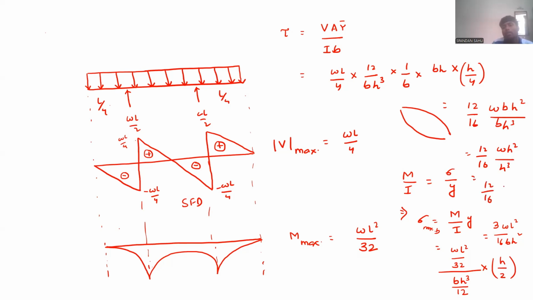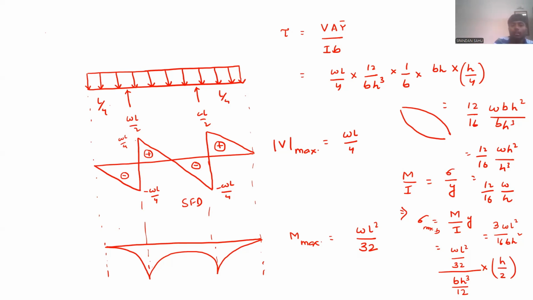So 12 upon 16 W by H. So now we have calculated sigma max bending and tau max shear.